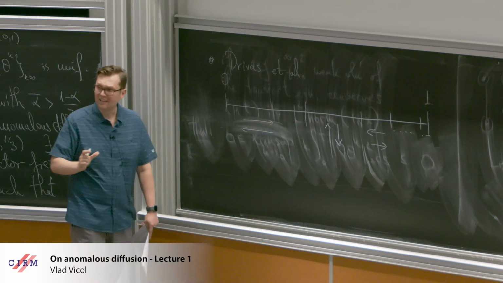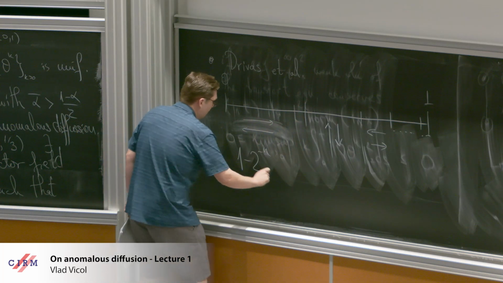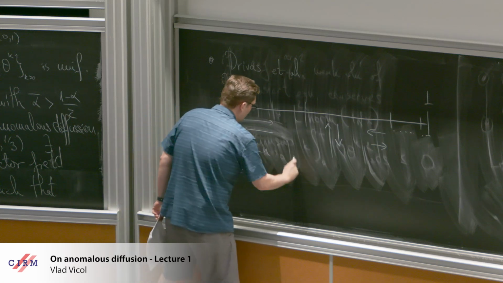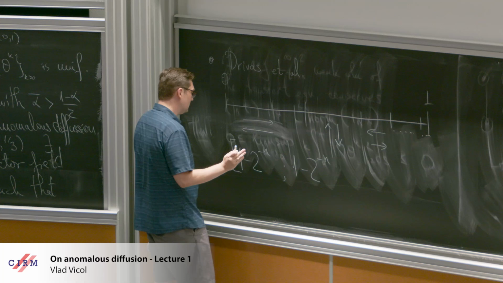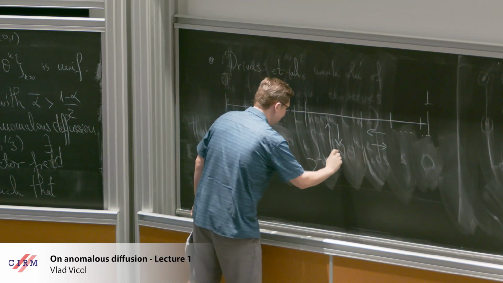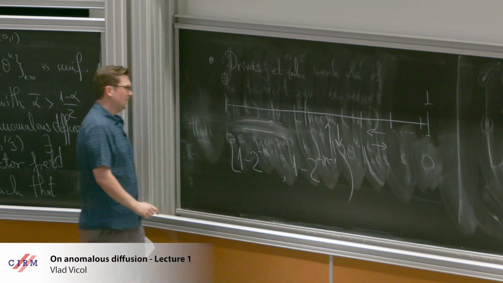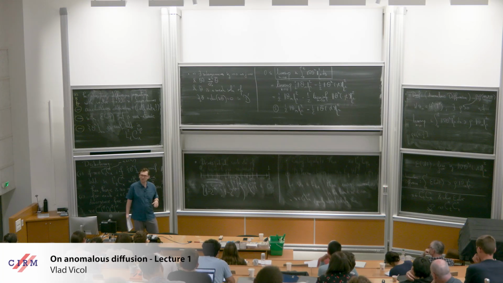So in every dyadic interval of the type 1 minus 2 to the minus n to 1 minus 2 to the minus n plus 1, they add a shear flow whose amplitude is left-right, depending on whether n is even or odd.